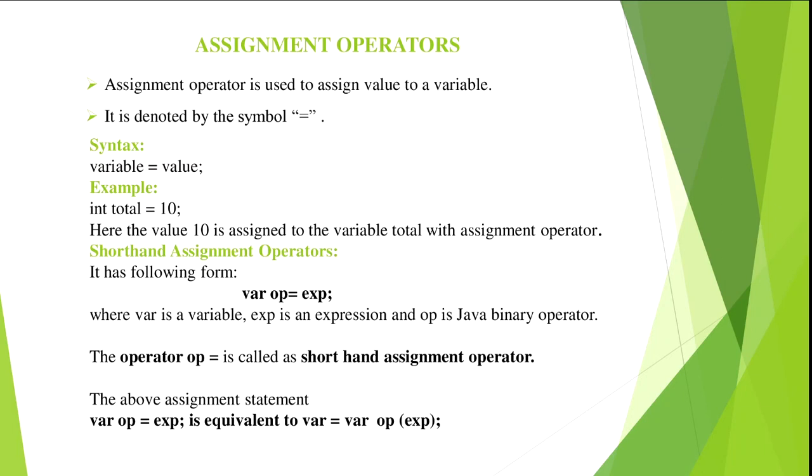The operator OP equal to is called the shorthand assignment operator. The above assignment statement, var OP equal to EXP, is equivalent to var equal to var OP (EXP), and you will get the concept clear in the next slide.